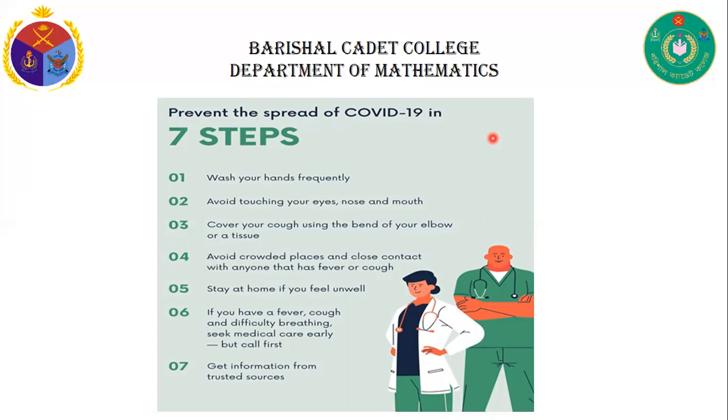So we should stay safe using the preventions of COVID-19. Here are 7 steps for all of you. Wash your hands frequently, avoid touching your eyes, nose, and mouth with unwashed hands, and cover your cough using a bent elbow. And the main thing, boys, don't go outside. If it is very necessary, then go and maintain this.